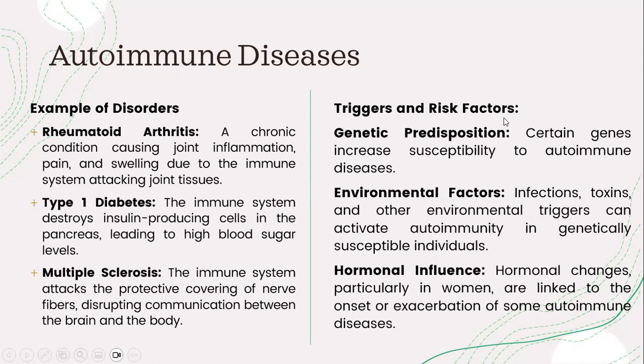And triggers and risk factors. Genetic predisposition: certain genes increase the susceptibility to autoimmune diseases. Like I was saying, right now a lot of research is being done into understanding type 1 diabetes. Environmental factors: infections, toxins, and other environmental triggers can activate autoimmunity in genetically susceptible individuals. Hormonal influence, where hormonal changes, particularly in women, are linked to the onset or exacerbation of some autoimmune diseases.